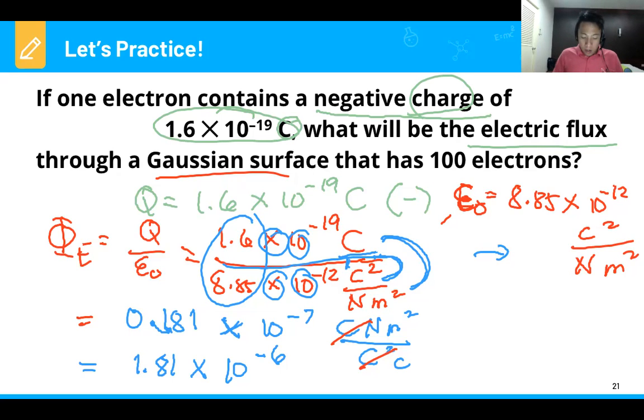Plus. Correct? So negative 7 plus 1 is negative 6.